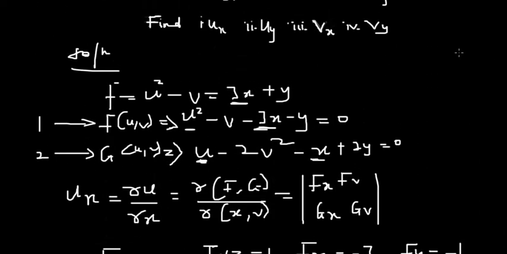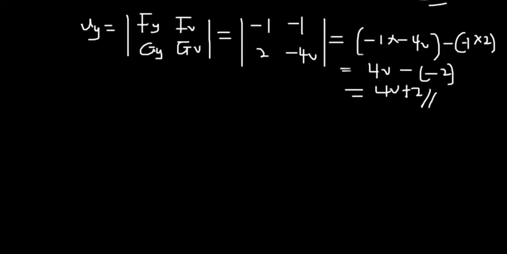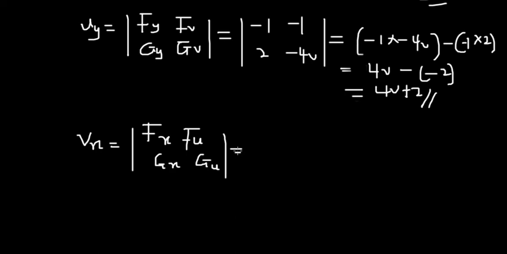Okay, so we have v_x. So v_x is the same principle. We have v of x, and since we are taking reference from v, you just use u. And then we have g of x and g of u. Very, very simple.